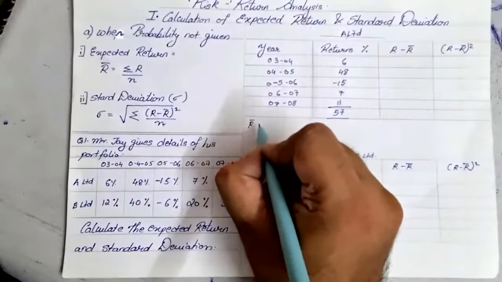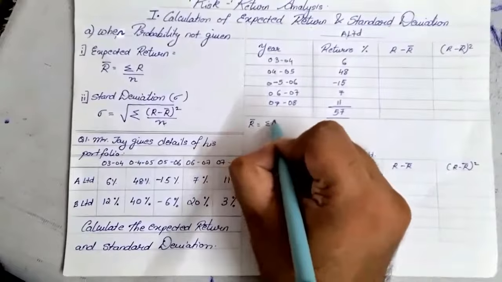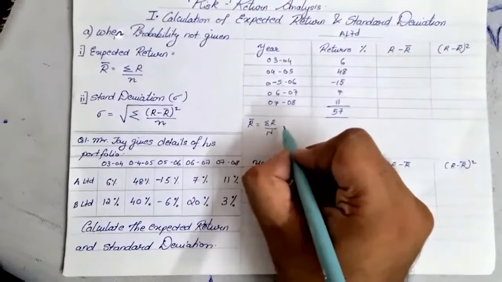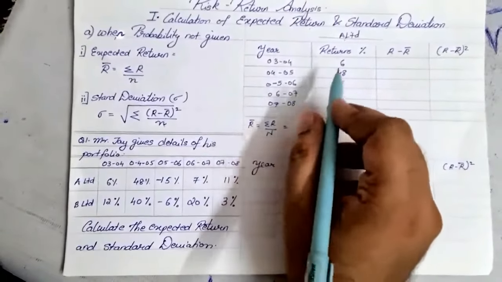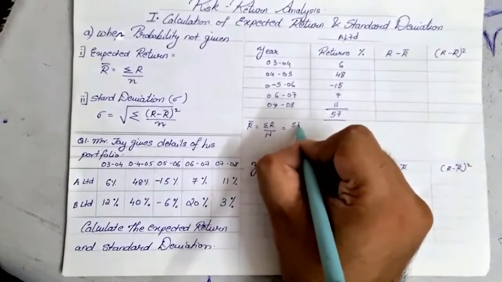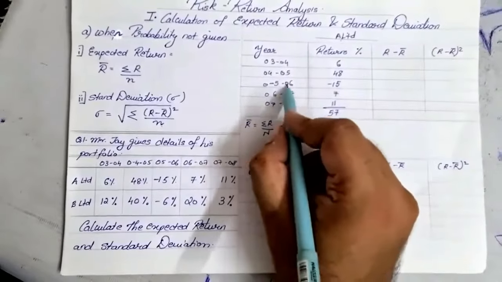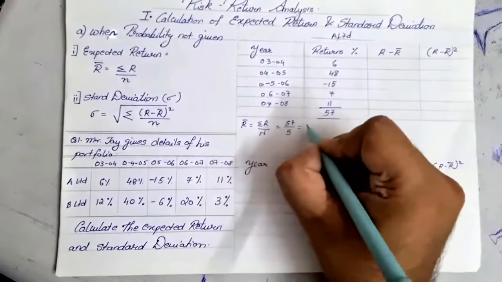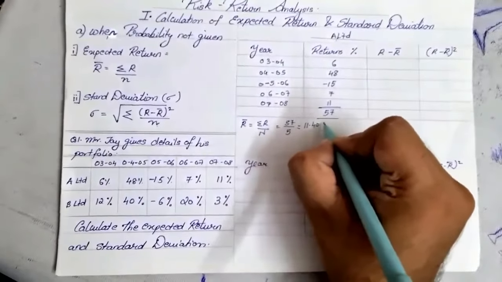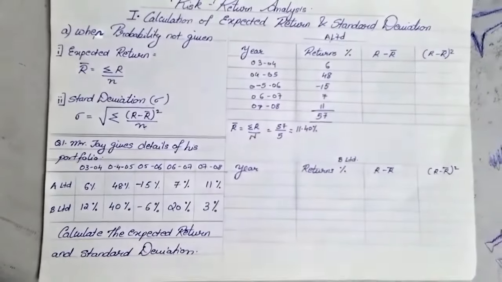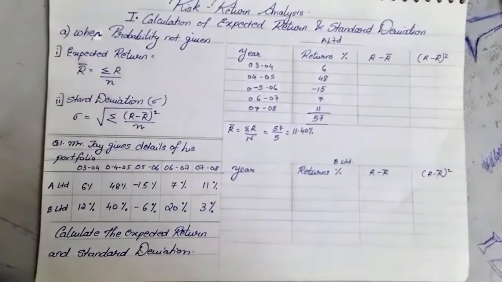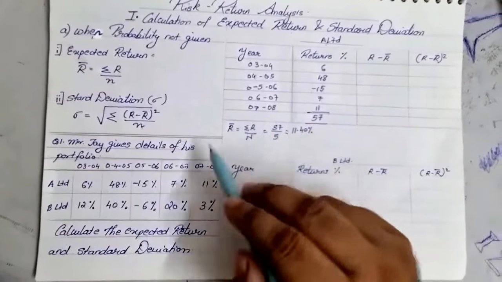Expected return is nothing but R bar, which is sigma R upon N, where the total of R was 57. Number of years: 1, 2, 3, 4, 5, so we have 5. When you divide, we get a value as 11.40%. So our expected return is 11.40%.